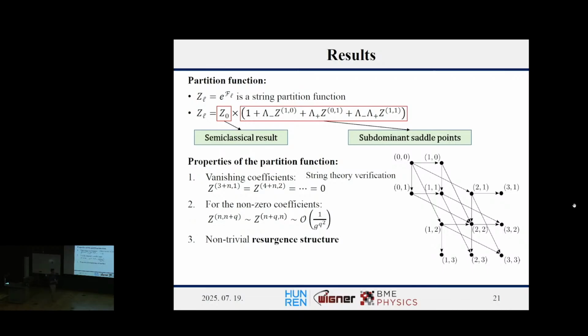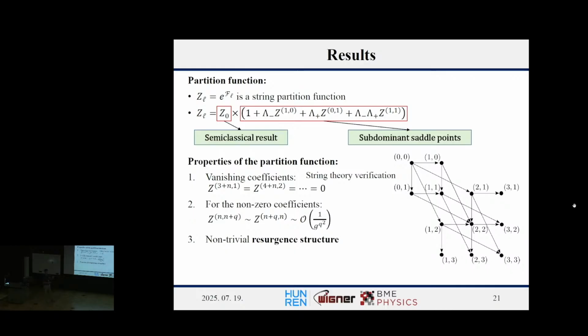So we investigated the resurgence structure of these coefficients, and what we found is quite interesting, because in the case of this string theoretically meaningful function, you have some disappearance of the perturbative coefficients, and these arrows, what you can see here. In the Borel plane, you have certain poles at each level.